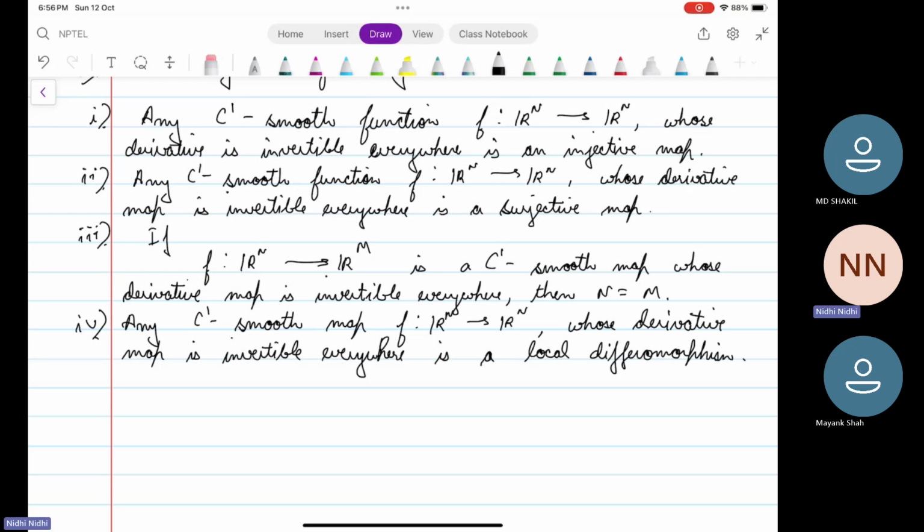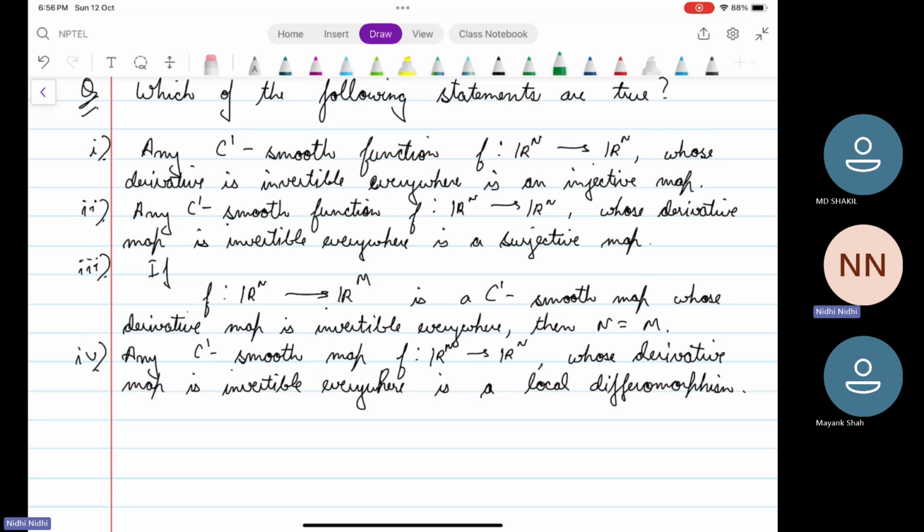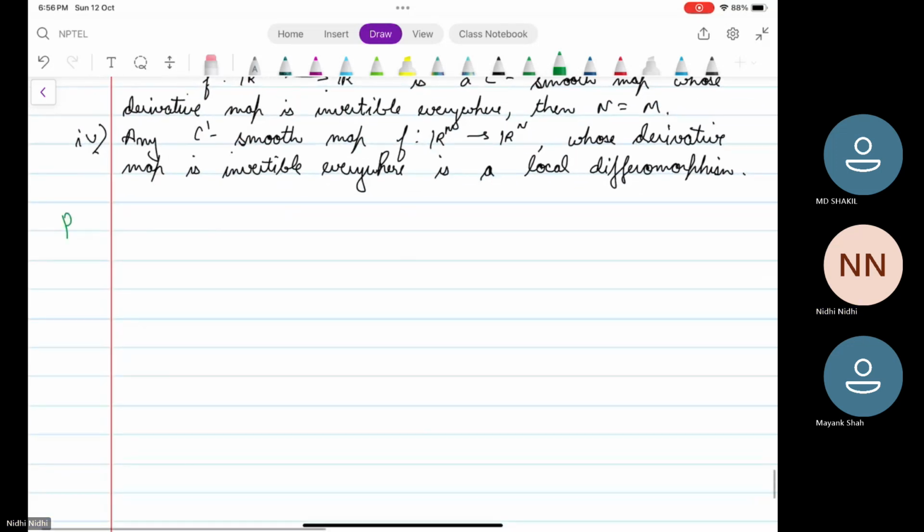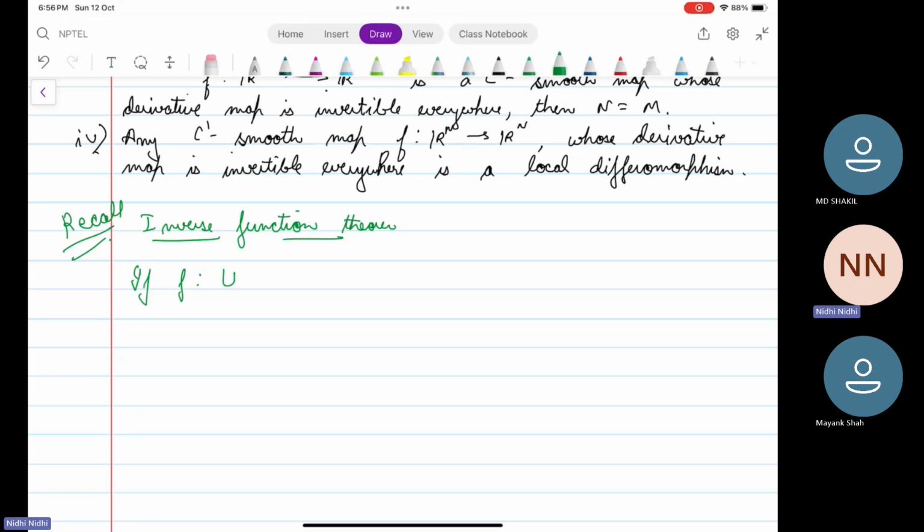To solve this problem, we should be well aware of the inverse function theorem and the definition of diffeomorphism. So let's recall the inverse function theorem. It says that suppose f is a function from U, which is a subset of Rn, to Rm, a C1 mapping.